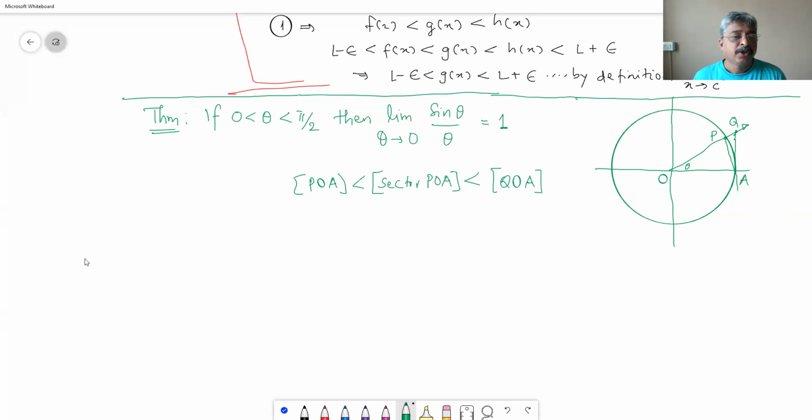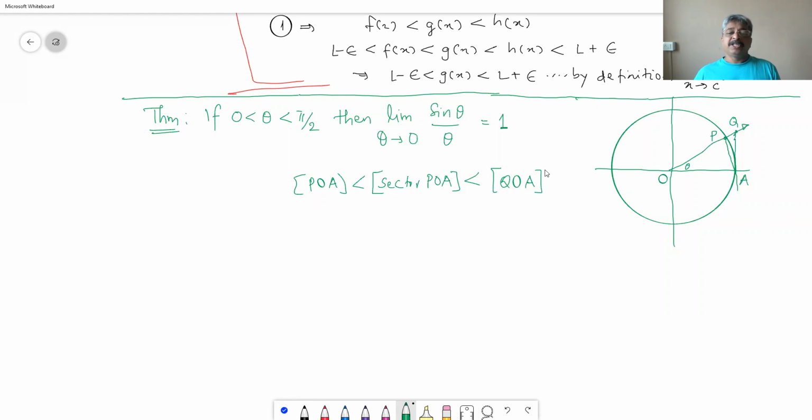Resume recording. So the hint for this problem is this diagram. Unit circle, ray OP, point A, join PA, draw tangent at A, it intersects ray OP at Q. Consider areas of triangle POA, sector POA, and triangle QOA.